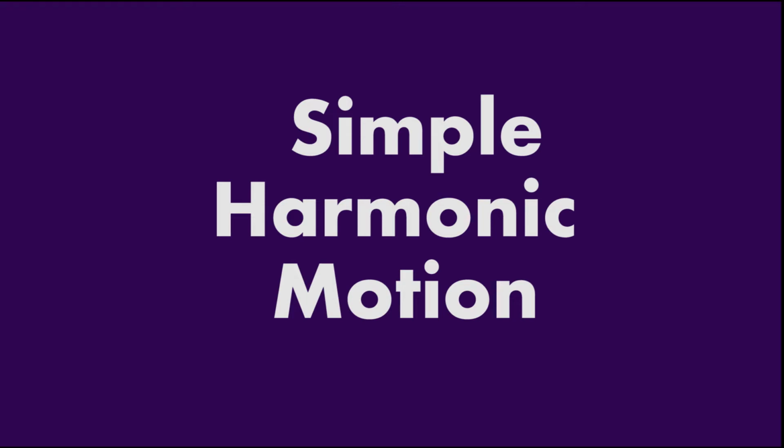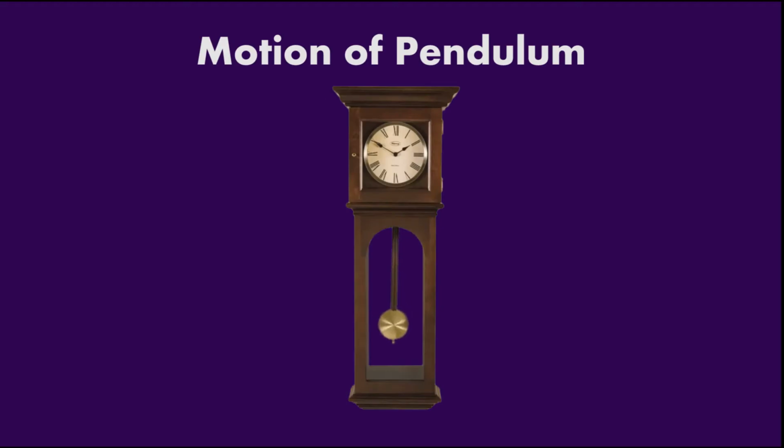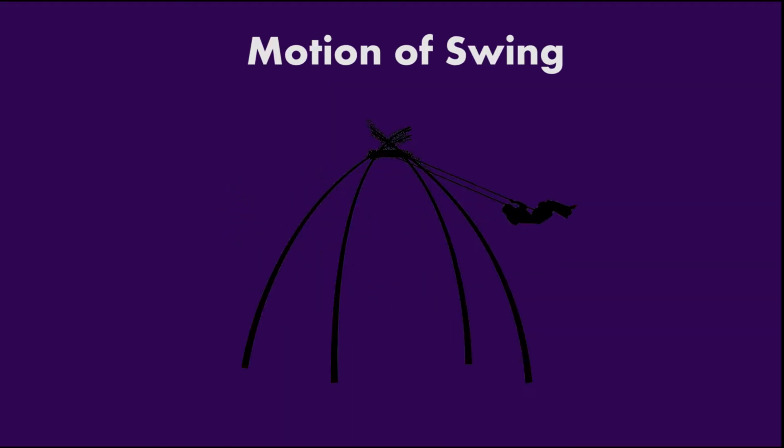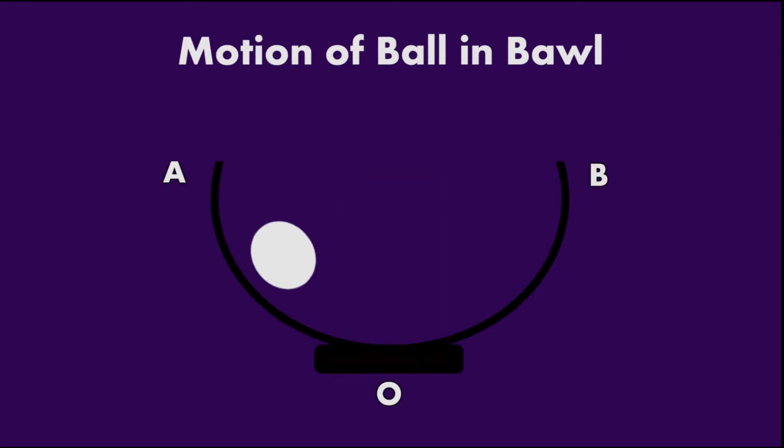To understand what is simple harmonic motion, let's see the motion of these objects. Motion of a pendulum, motion of a swing, motion of a ball in a bowl.